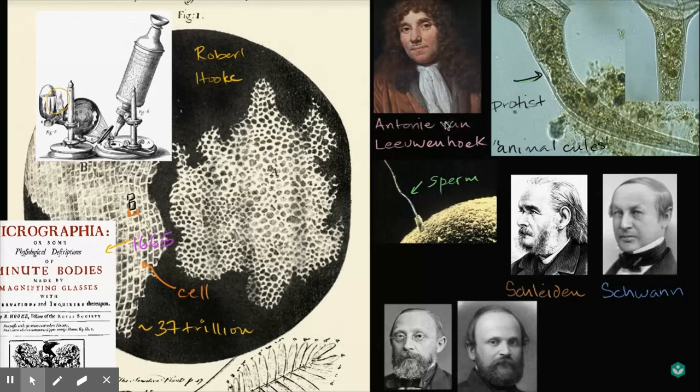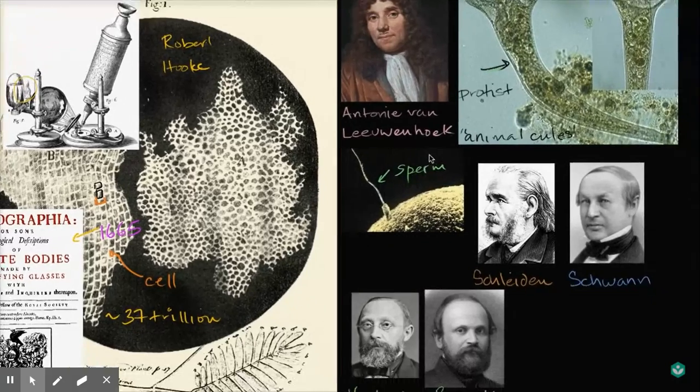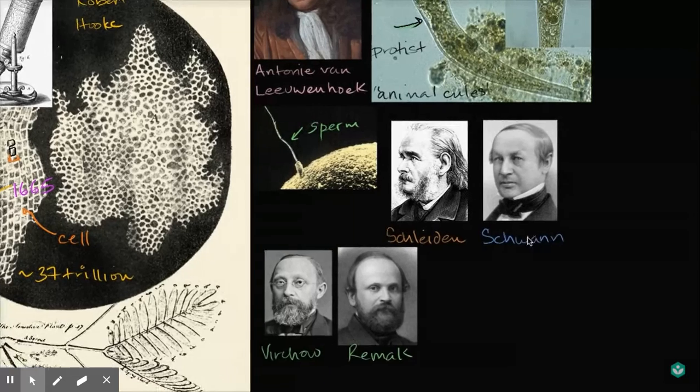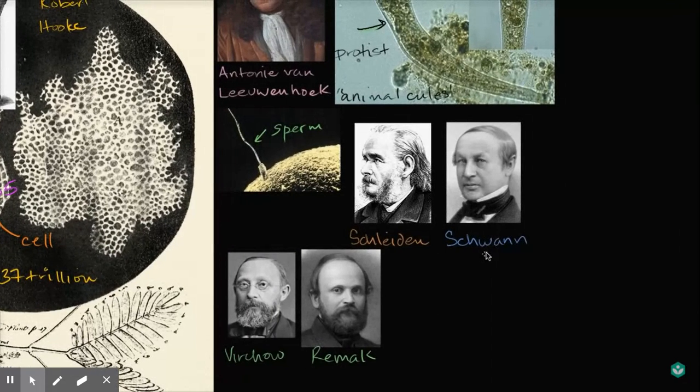But a fully modern theory of the cell doesn't really start to emerge until we get another 150 years into the future, and we get to the early 1800s. So if we fast forward to the 1830s, these two gentlemen, Matthias Schleiden and Theodor Schwann, come into the picture, and they're the ones that start laying the foundation of what we could call modern cell theory.